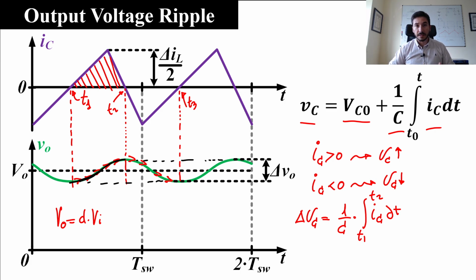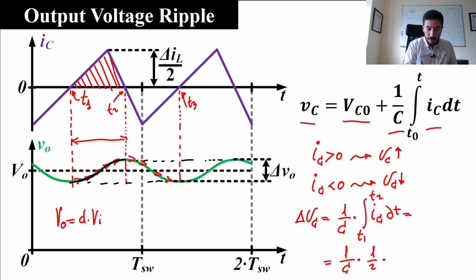That area is the area of a triangle, so it's very easy to solve the expression. So we can put 1 over C and the area of the triangle: 1 over 2 times the base, this.